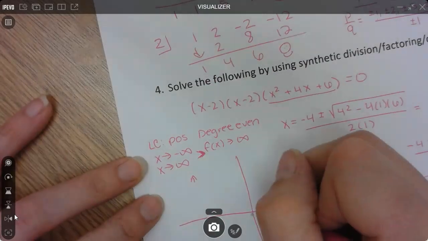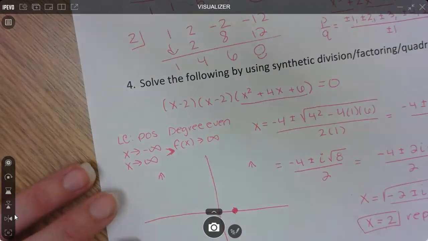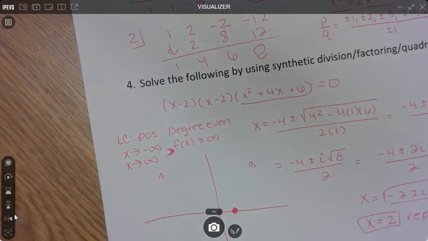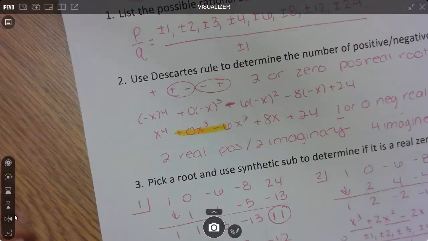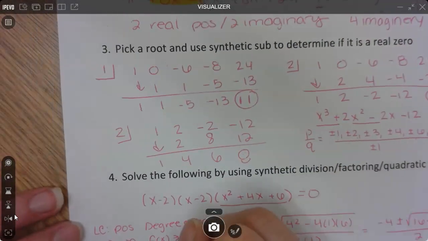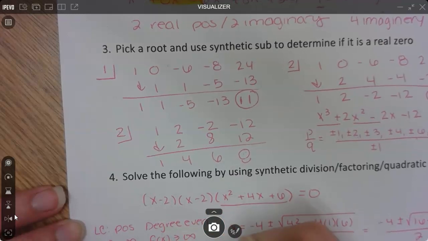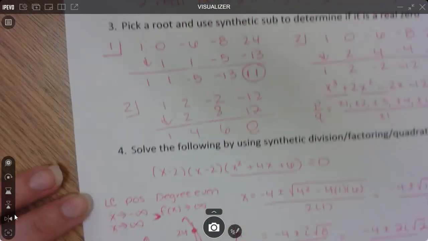I know 2 is going to be a 0, and because it's a repeated root, it means it's not going to cross. This tells me my y-intercept is 24. So this goes through 0, 24, touches at 2, and goes back up.